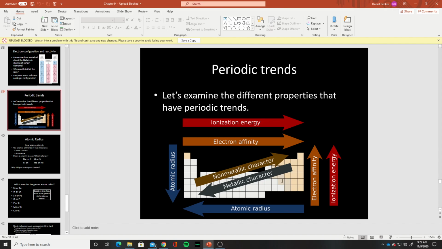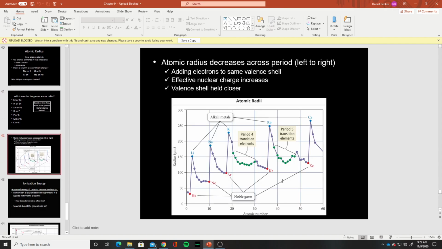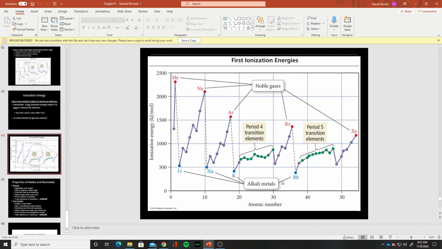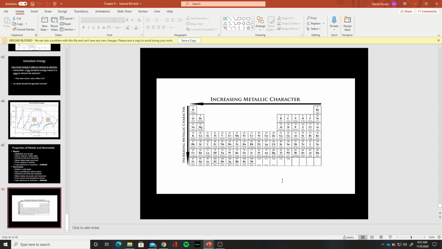I'll pick one of the trends that we talked about, and you will have to tell me which of the two has a larger amount of that property, or a larger value for that property. So there will be some of those on the exam as well. So make sure you know how to identify which elements are higher for each of these different trends that we talked about.